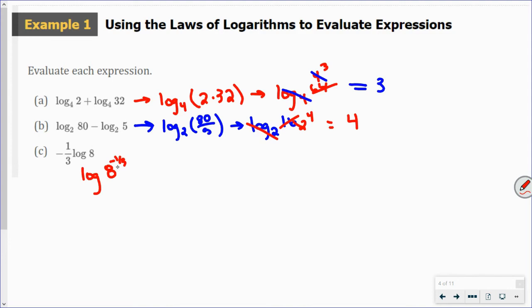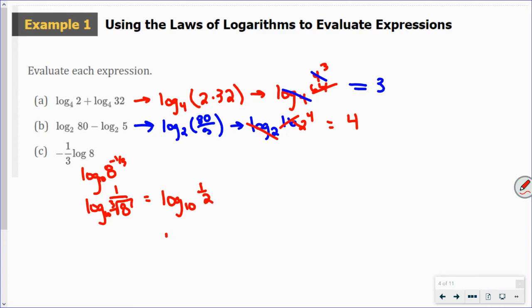The negative exponent puts it on the bottom, and the 1/3 is the cube root. So I have log of 1 over the cube root of 8. And notice there's no base on this logarithm, so it is a 10 by default. The cube root of 8 is 2, so this is log base 10 of a half.